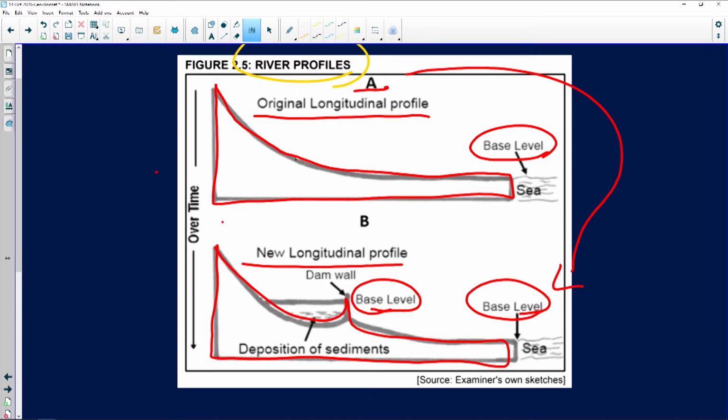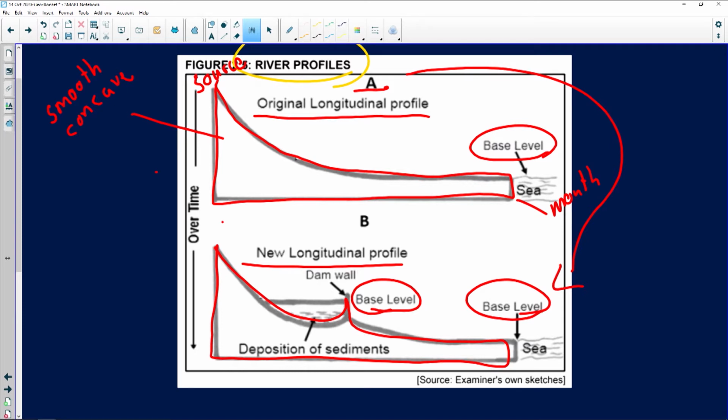The first one, like I've mentioned, is a smooth concave profile, from the source, where the river originates, to the mouth, where it flows into the ocean.